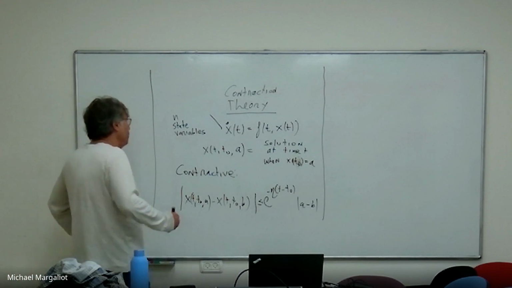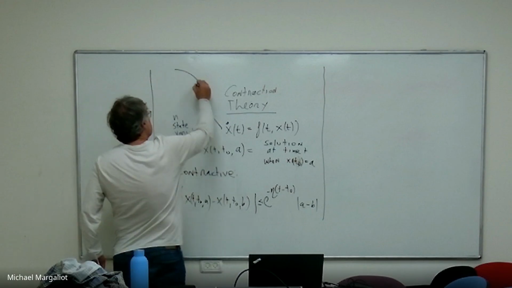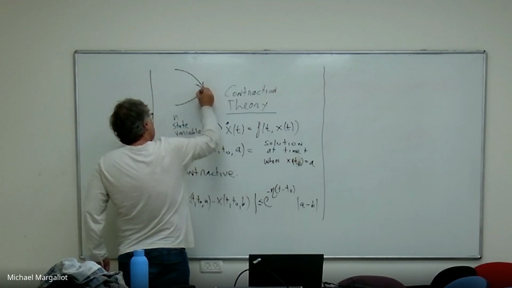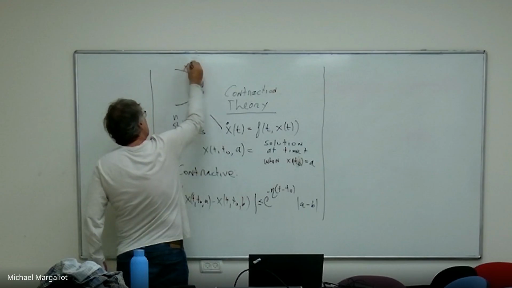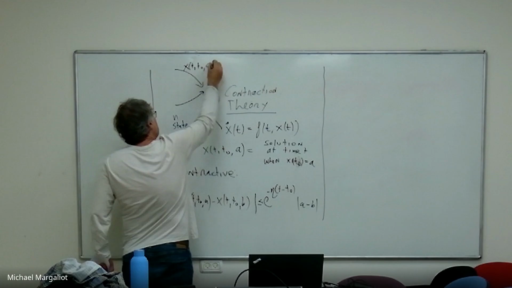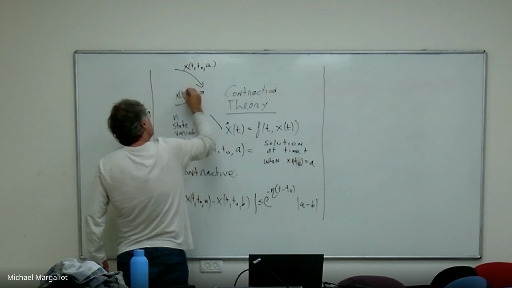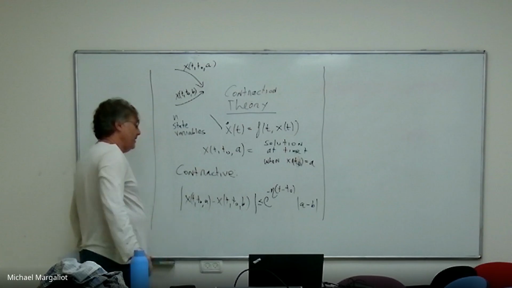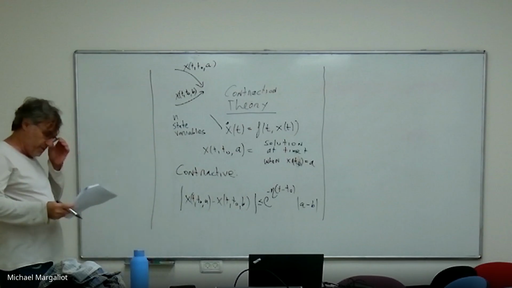So graphically, what this means is that if I look at two solutions, they approach each other at an exponential rate. This is what it means.